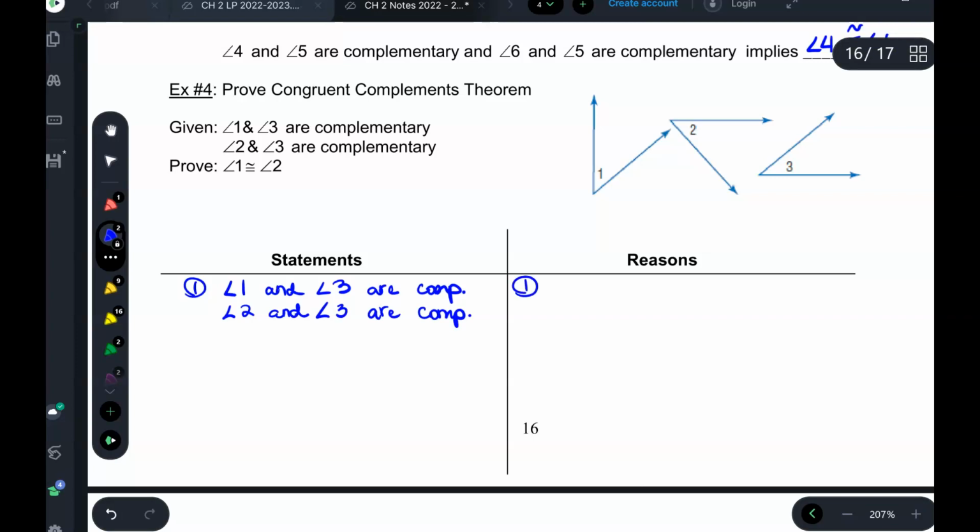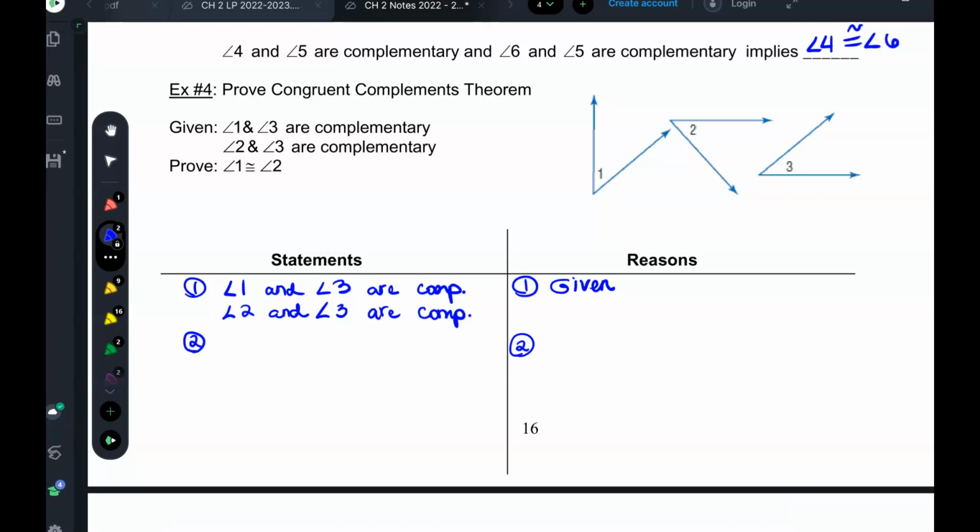Okay, hold on, Evan. Slow down. Let's write down the given. You were on the right track. What were you going to say? I confused complementary with... Okay.